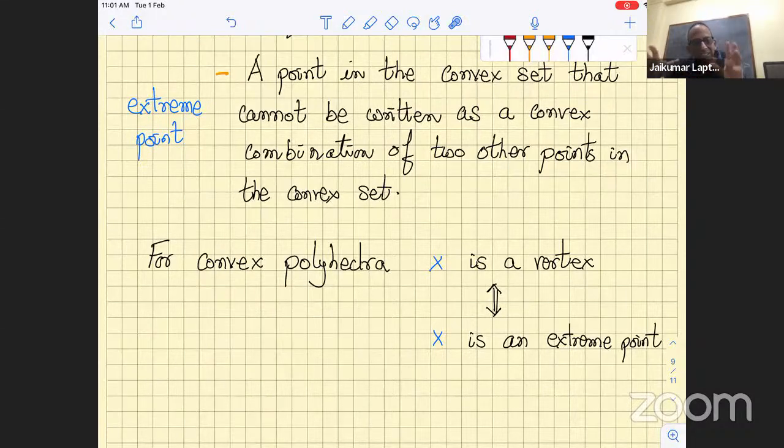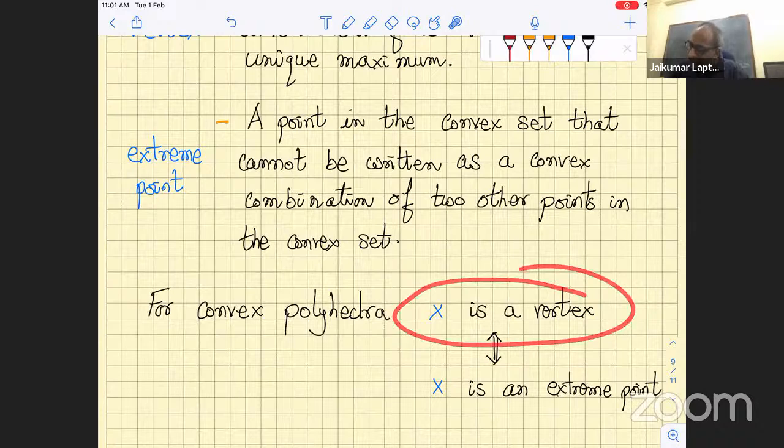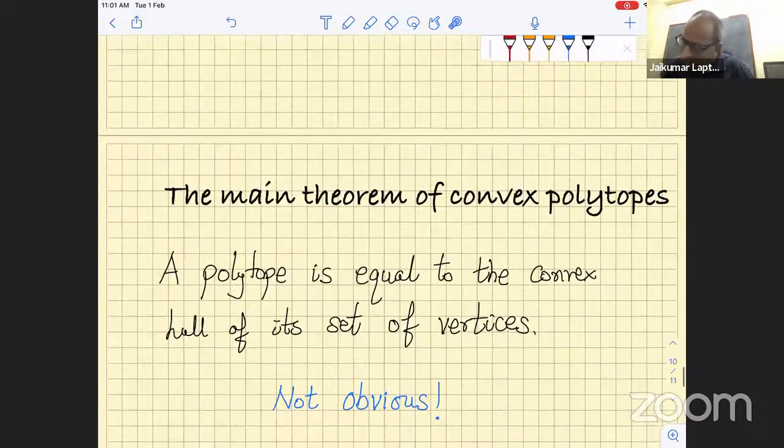If you have a general convex set, it is not the case that at every extreme point you can find a hyperplane which touches the convex set only at that point. But it turns out that for convex polyhedra, at least, the notion of a vertex and extreme point are the same.